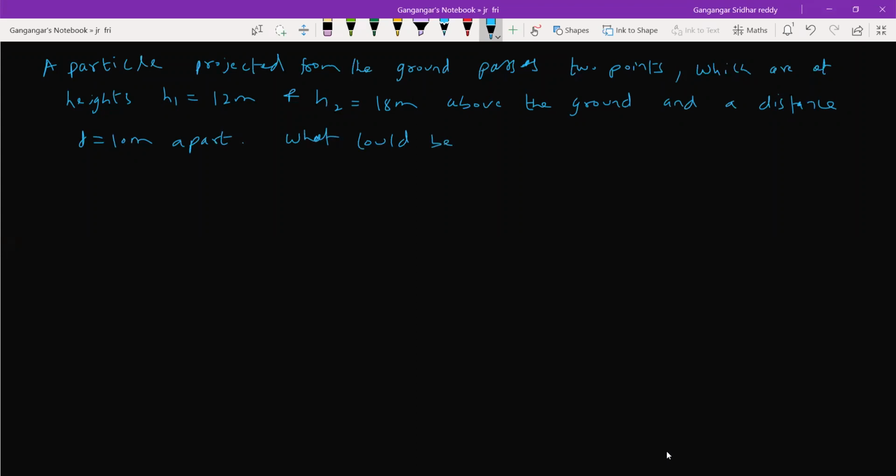What could be the minimum speed of projection? Putting a question mark. Intentionally the diagram is also not given.